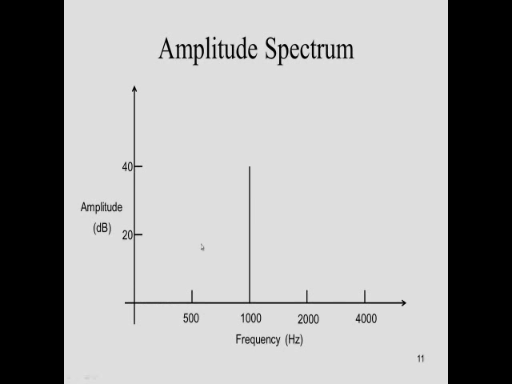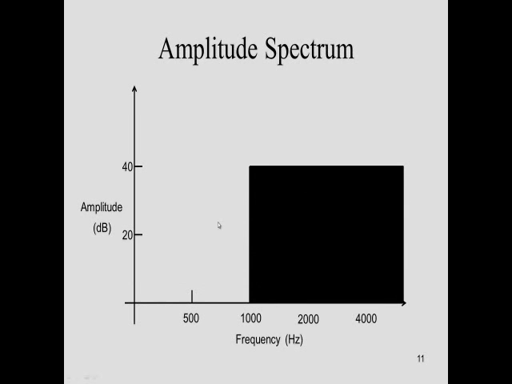All right, well, what if we want to depict a high pass filter? Here we've got our cutoff again at 1,000 hertz. We've got our so-called spectrum level at 40 decibels. And now what we're going to do is fill in this whole area, indicating that all the frequencies above 1,000 hertz are being passed.